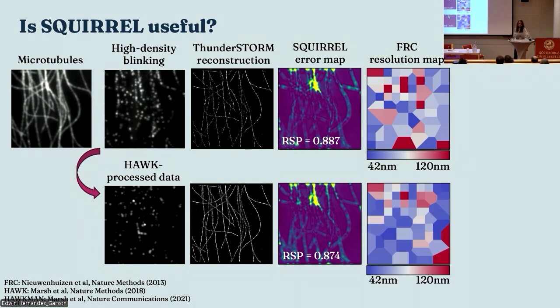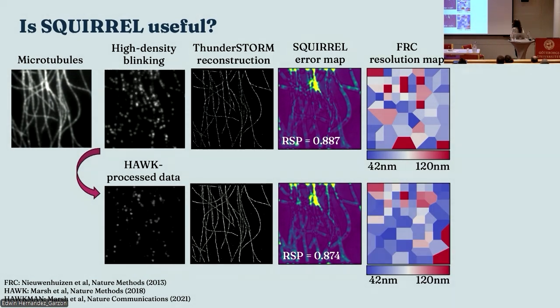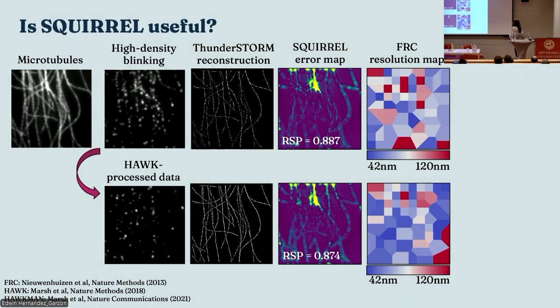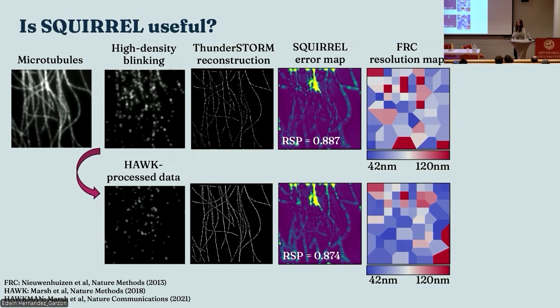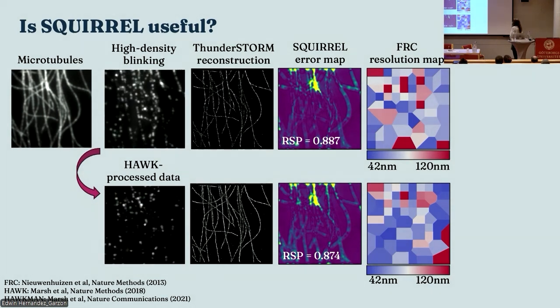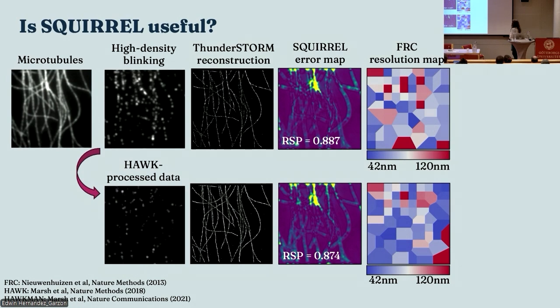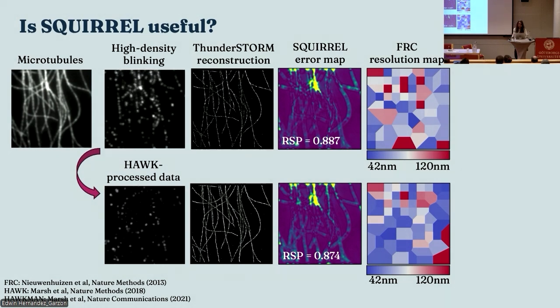And again, our FRC map is kind of telling us a fairly similar story, right? So this is to say that Squirrel is kind of useful, but take it with a pinch of salt, all right? It seems to work for quite a lot of things, but sometimes, depending on the algorithm you use to reconstruct the data, it just doesn't work that well.